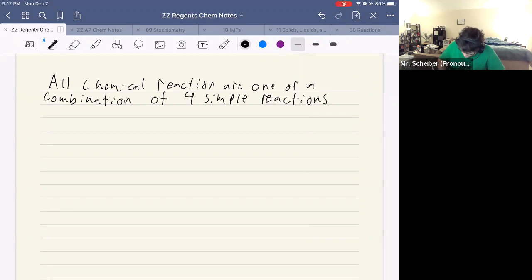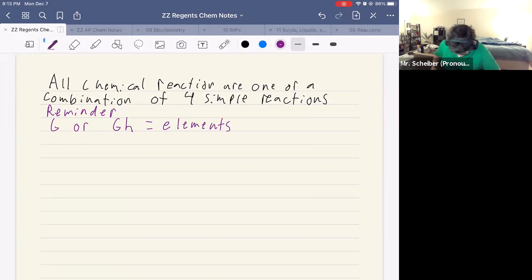Right. Just a couple of quick reminders. G or GH would be elements. Elements, we have uppercase or uppercase, lowercase. However, GH or GHX would be compounds.